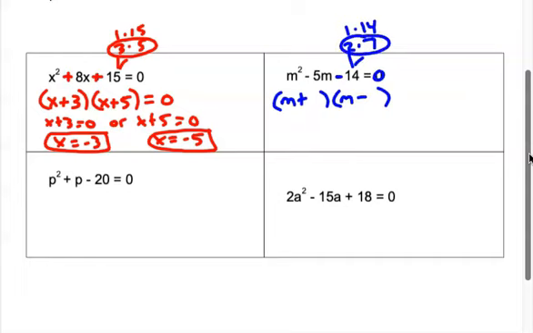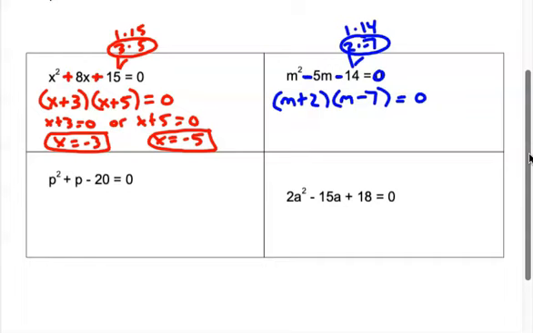Okay, when the third term is negative, it turns into that subtraction. So 2 times 7 gives me 14, and 2 plus -7 will give me -5. Remember, this was negative in the middle, which meant I want the bigger number of my two factors I choose to be by the minus sign.